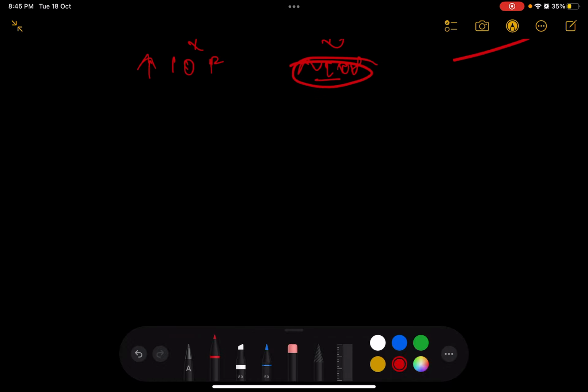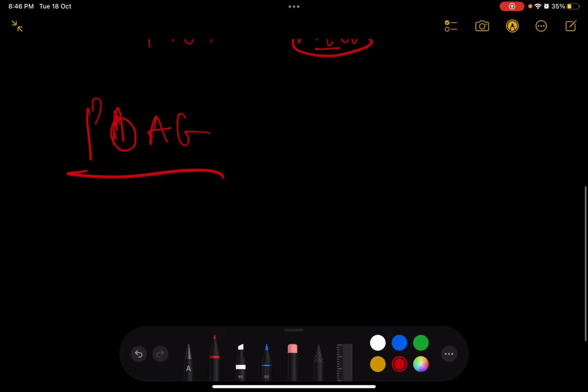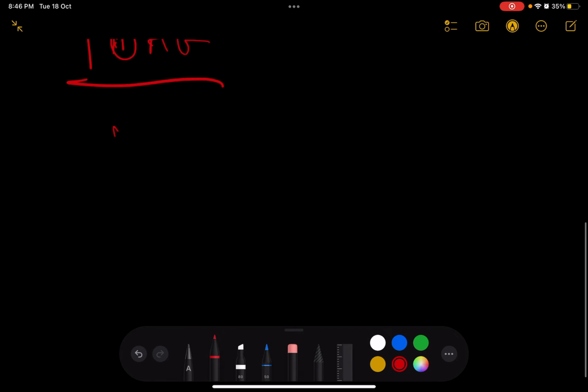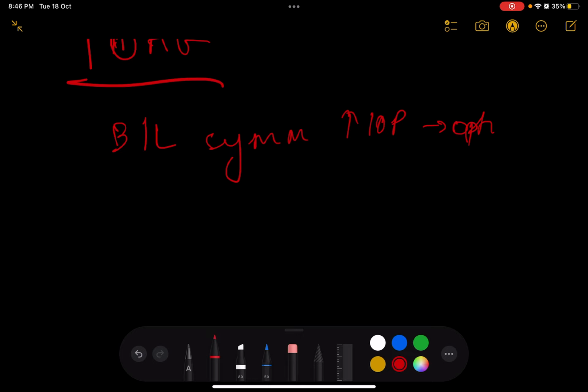Now let's talk about the entire glaucoma step by step. And while talking about it, we'll explain the concepts at that point of time, correct? So let's talk about primary open angle glaucoma. What is it? It is bilateral because it's primary, bilateral, symmetrical, increased IOP, causing optic neuropathy or optic disc changes.